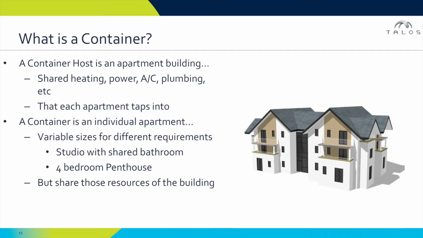So there's only one set of plumbing, one set of electricity that comes into the apartment building, which in this instance would be the container host. So all the networking and the file system management is handled by the container host. And the container can then be made much smaller, only containing those parts of the operating system that are actually going to run the application.